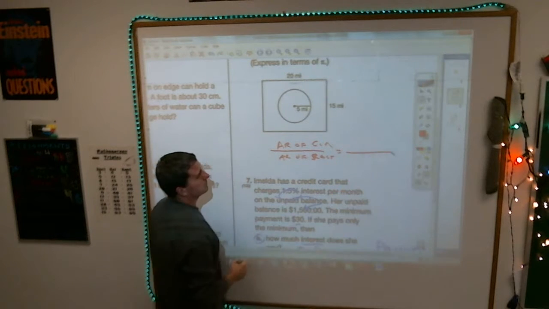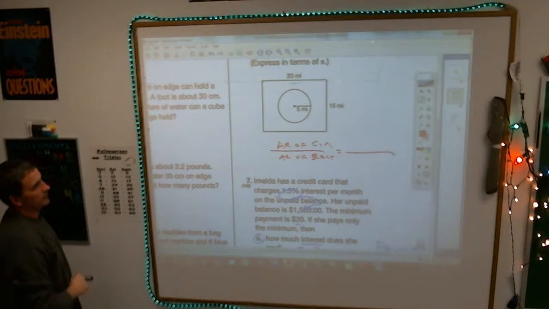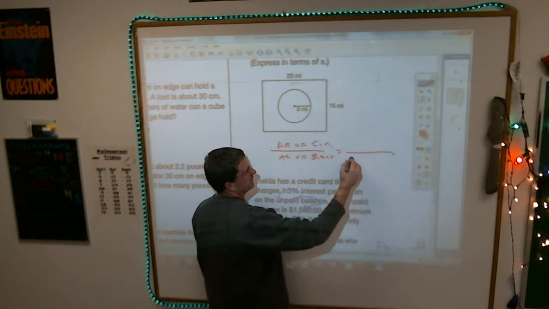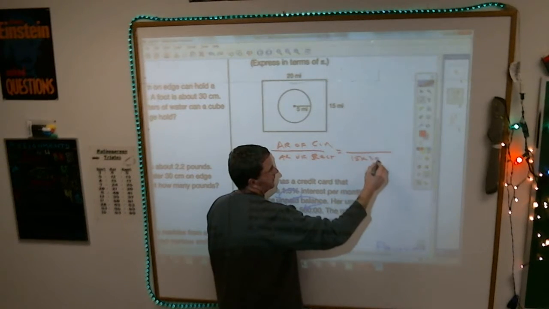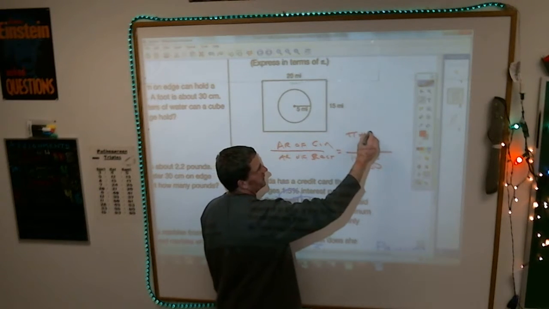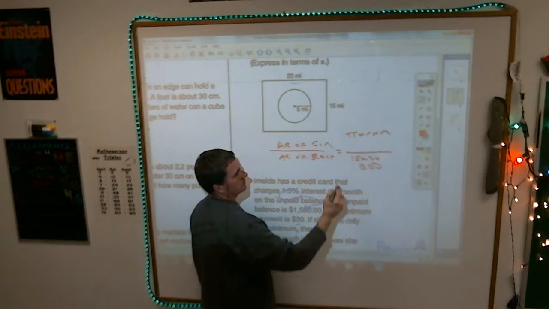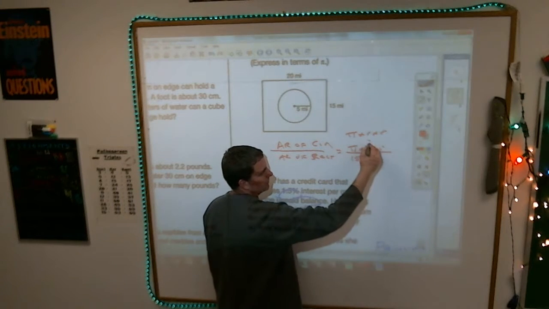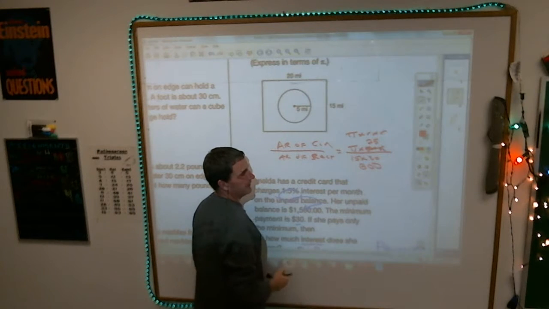Well, you know that the rectangle is 15 times 20, is it not? What is 15 times 20, somebody? Yes, 300. Area of the circle is pi times radius squared, so it's pi times 5 times 5, which is 25 pi.